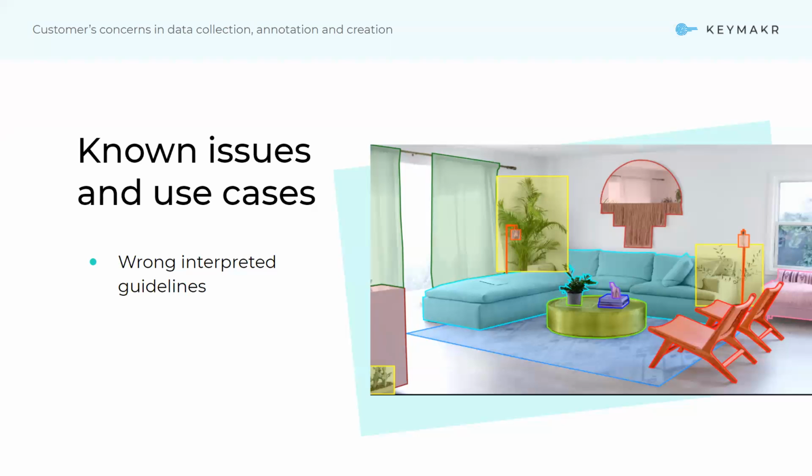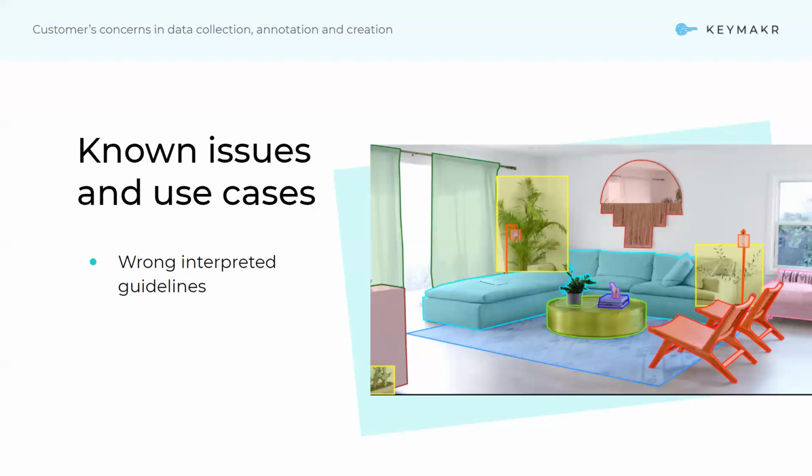Just one thing to add here. It's an interesting observation: even when the annotation guidelines are very detailed and cover everything, there is still room for interpretation. A solution, at least from our side, is doing a little simulation, a sample of a few images or videos, and then verifying the operators' interpretation with the client.